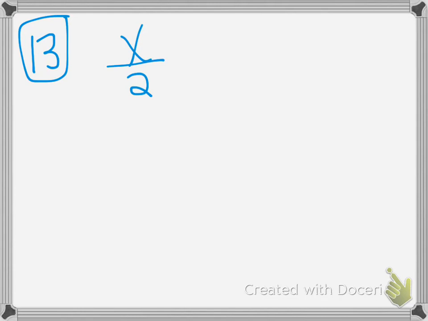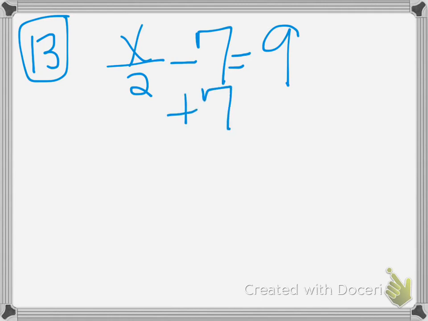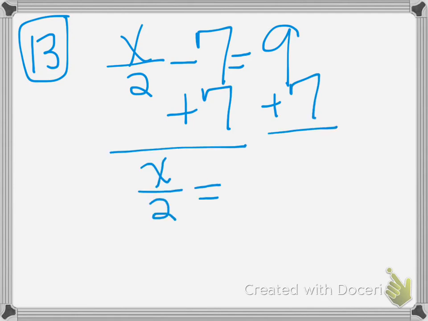Number 13, we switch it up just a little bit. Number 13 says x divided by 2 minus 7 equals 9. I've still got to get rid of addition or subtraction first. So plus 7, x over 2 equals negative 7 plus 7 zeroes out. 9 plus 7 is 16.